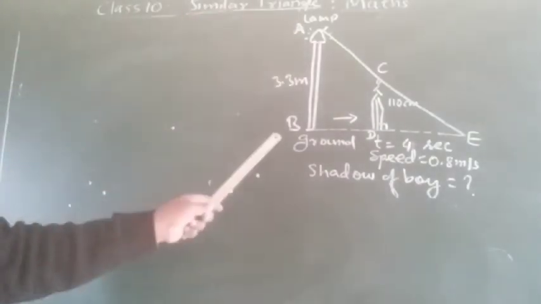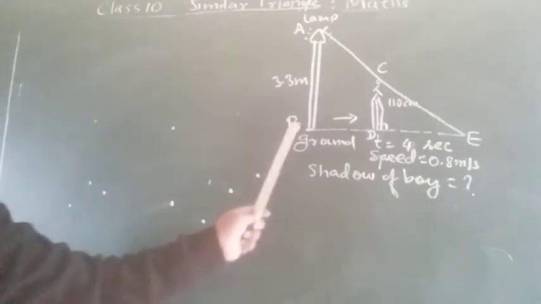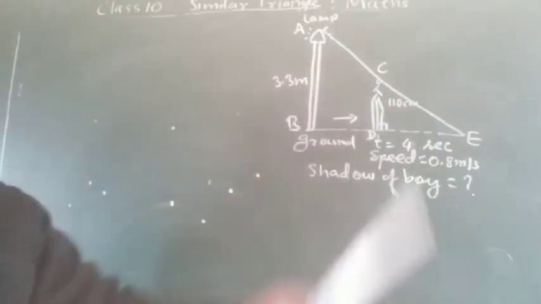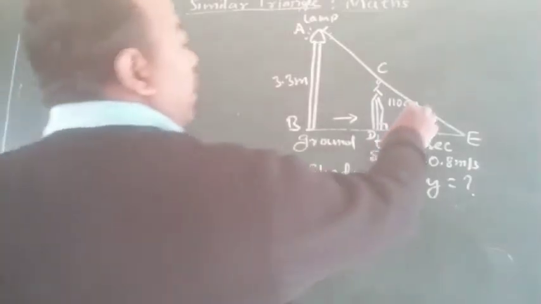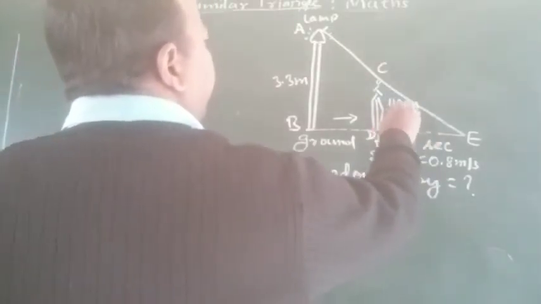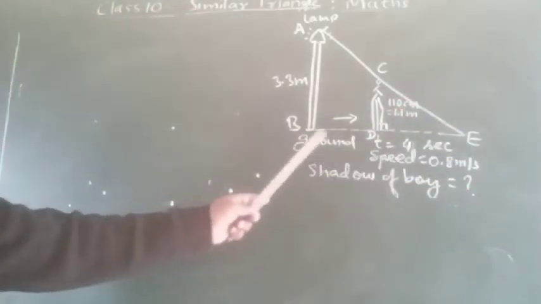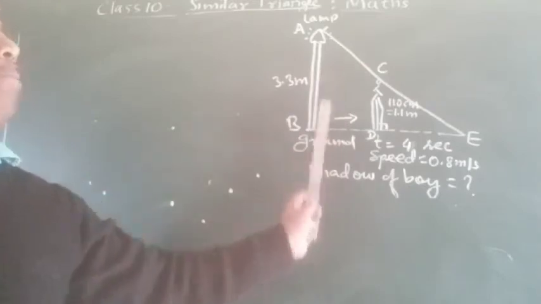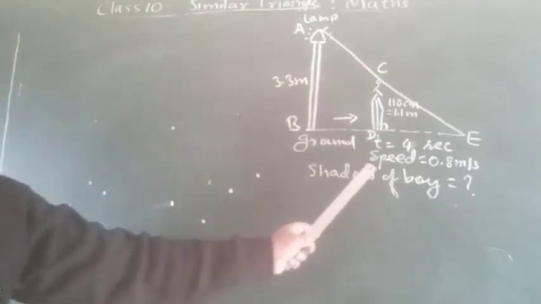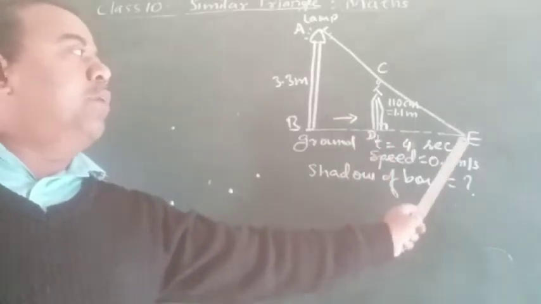This is the lamp post, the height is given as 3.3 meter above the ground, and this is the boy, 110 centimeter above the ground. This value is in centimeter, so we can write it in meter also, 1.1 meter, dividing by 100.